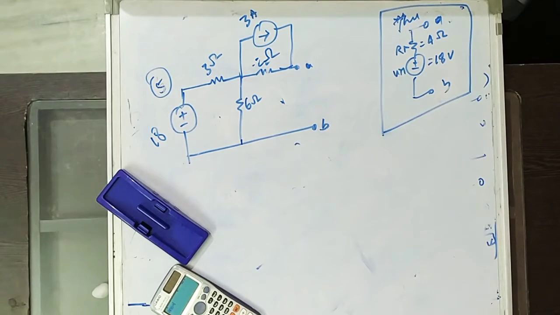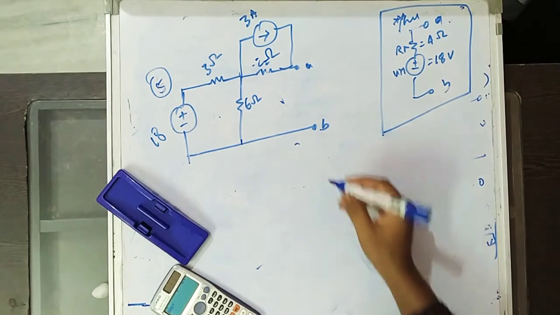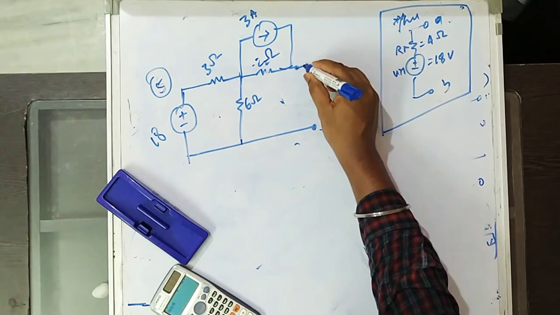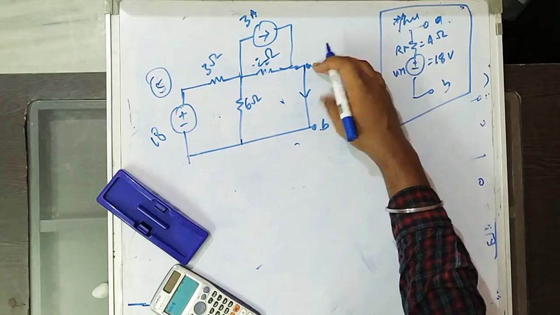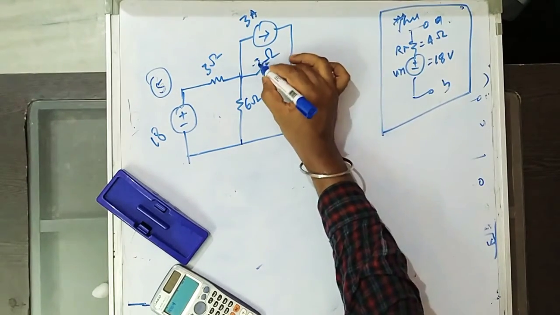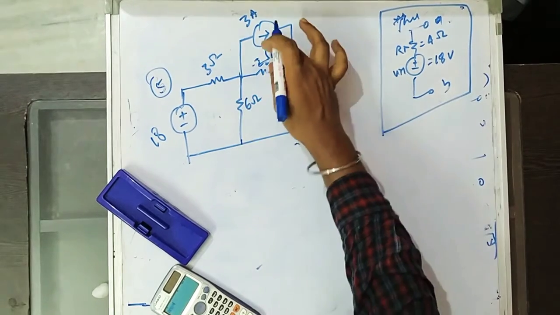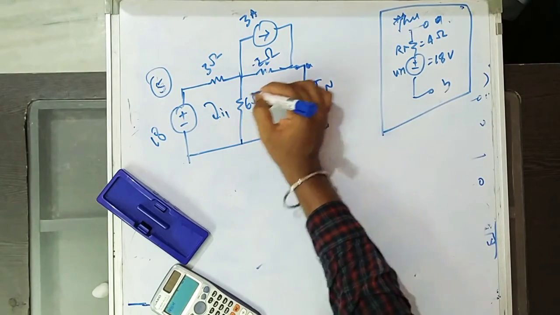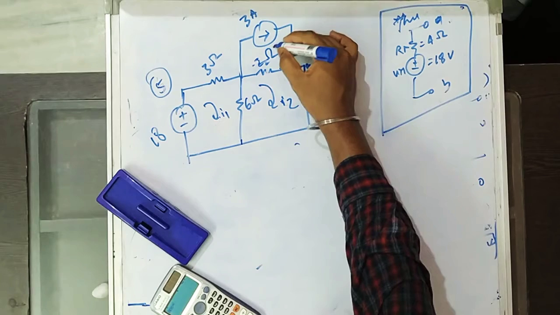Now they are asking to find the Norton equivalent circuit of AB terminal. So now what we will do, for Norton current we have to short the target terminals. This is IN, keep this current IN. Now we'll have three loops, I1, I2, I3. This is loop 1, this is loop 2 and this is loop 3.